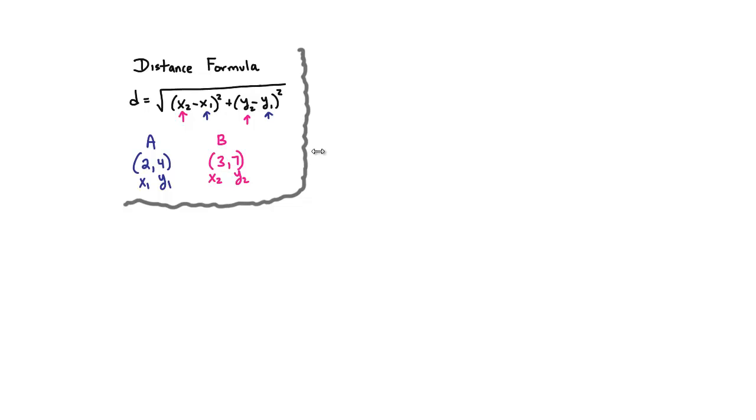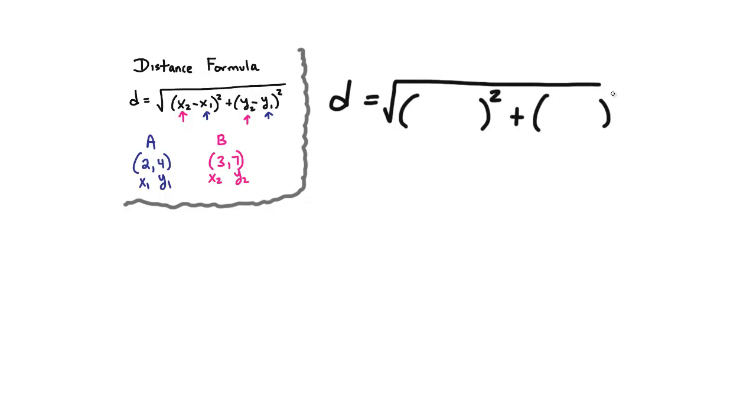Alright, so now we're ready to plug in the values. So d is going to equal the square root, in parentheses, another set of parentheses, and make sure you square it. And then now let's plug in the x1 and the y1.